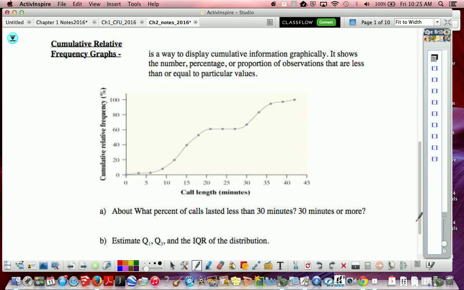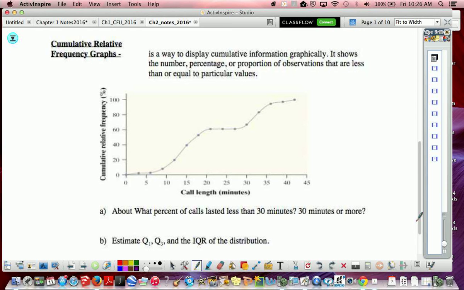As you increase your scores, your graph will increase up to 100%. Okay? Where you contain basically all the scores. Okay? So like for instance here we have call length times in minutes and their relative frequency. So we can figure out what percentage of the calls were at certain time frames.